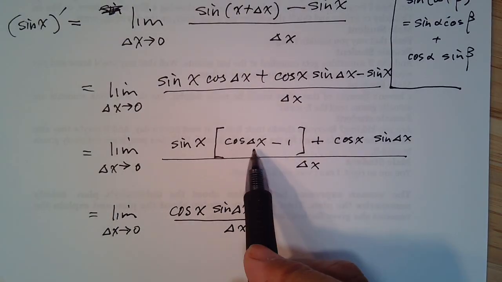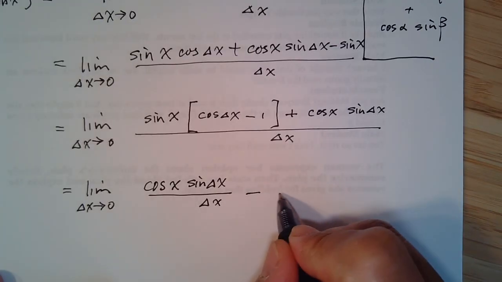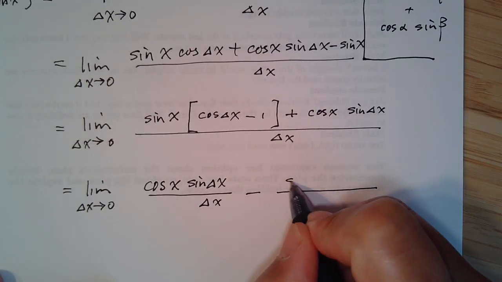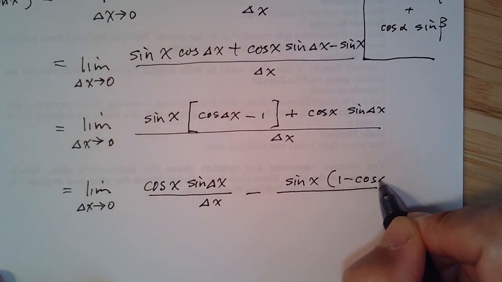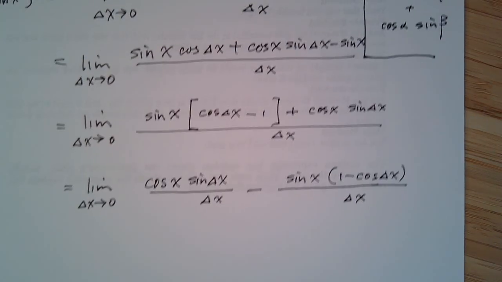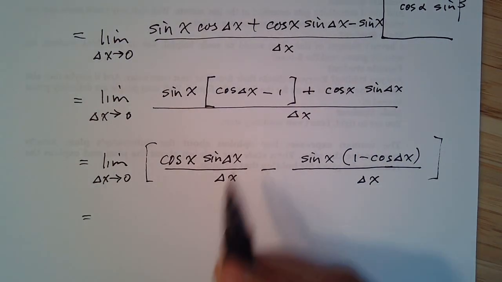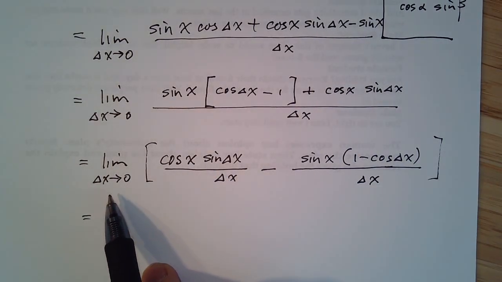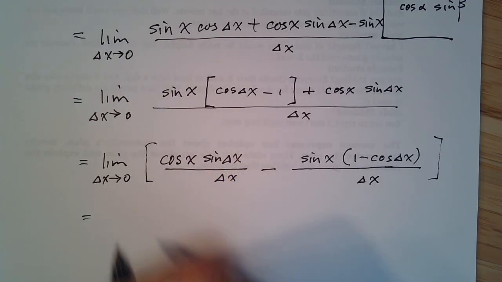And this one, I have cosine delta x minus 1, but we know 1 minus cosine delta x, so I just take the opposite sign of it, and then I get sine x times 1 minus cosine delta x. That's the one we did earlier, and we know that. So that is the limit you're trying to find. And since when delta x approaches 0, sine delta x over delta x approaches 1, we only have cosine x.